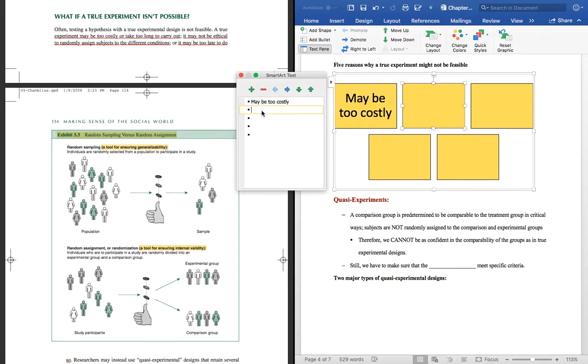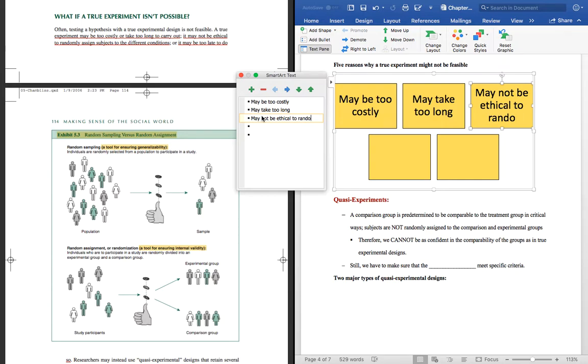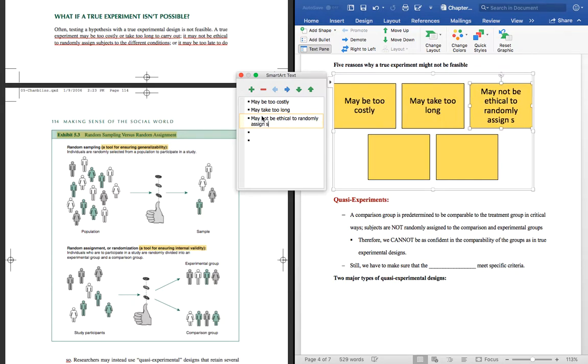The second reason is that it might take too long. The third reason is that it might not be ethical to randomly assign subjects to the different conditions.